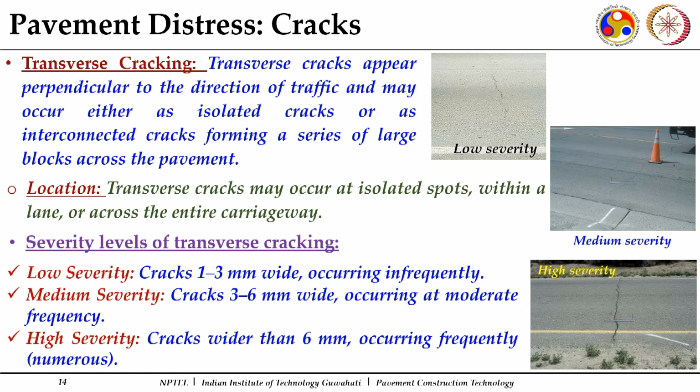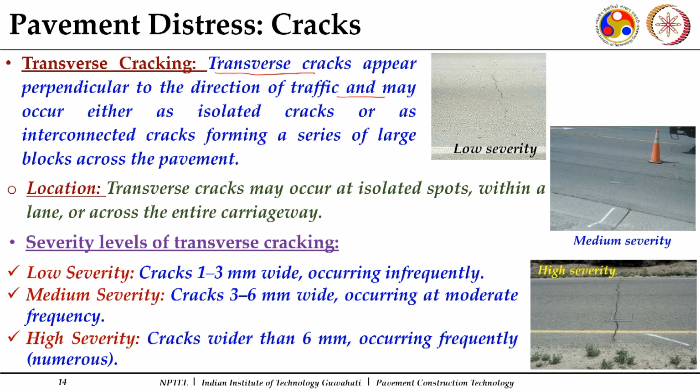Now, transverse cracking, as the term says, appears perpendicular to the direction of travel. Many a time we call transverse cracking low temperature cracking also, when it is related to the stresses or failures considering the low temperature.